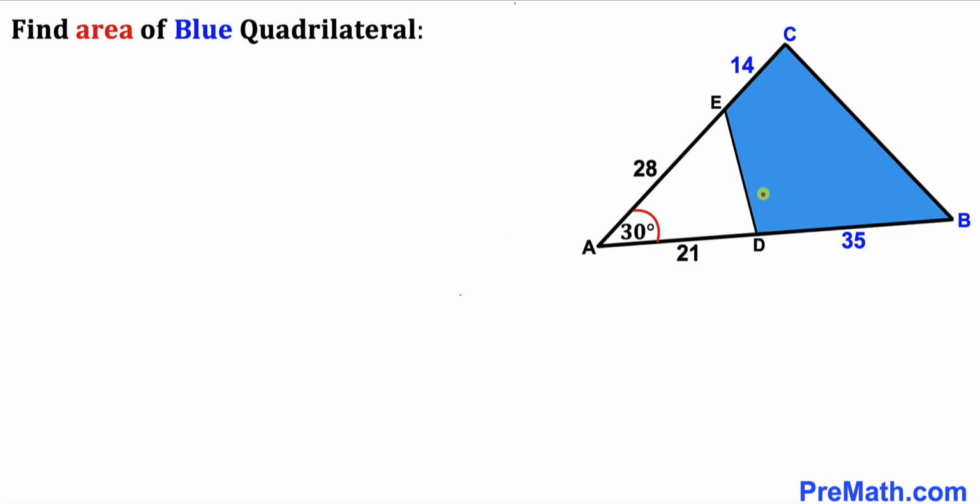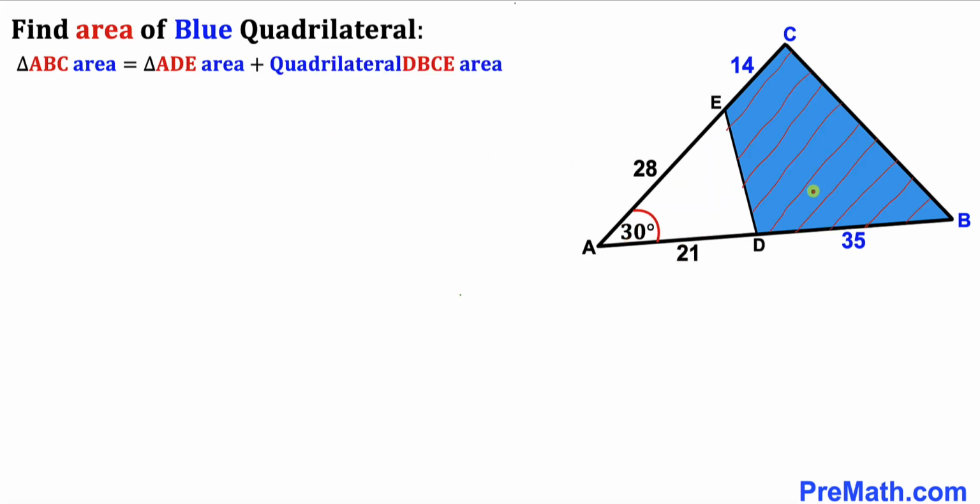Let's scan this diagram, and we can see that the area of this big triangle ABC is equal to the area of this triangle ADE plus the area of this quadrilateral DBCE.